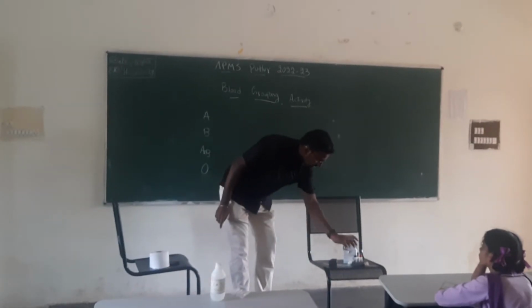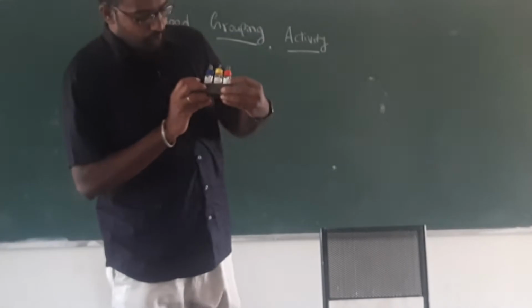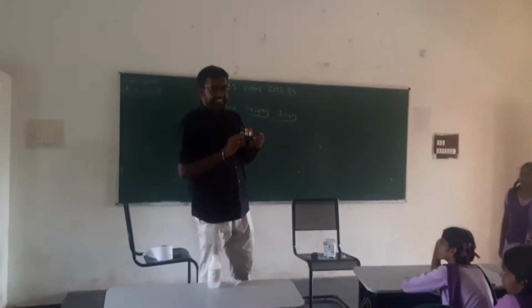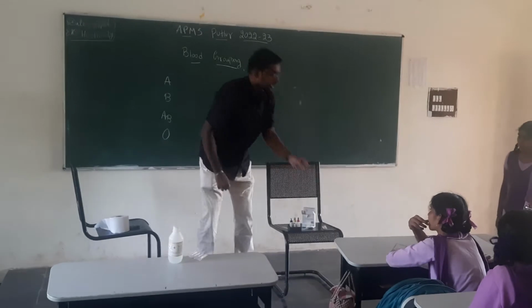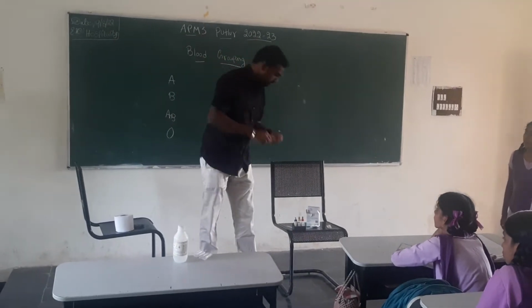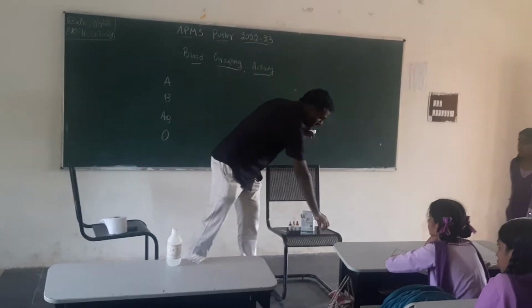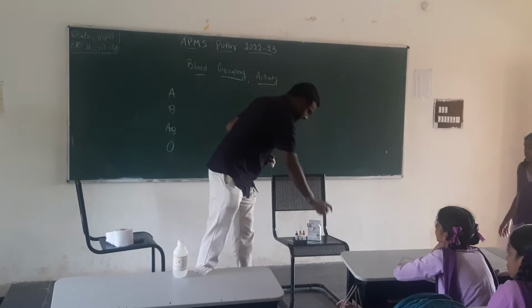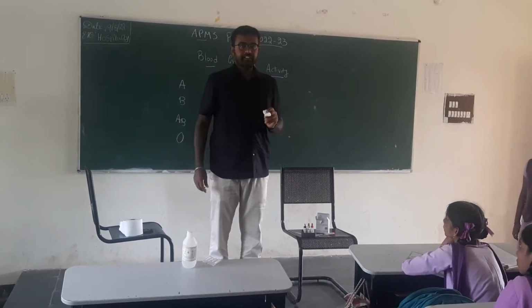Then anti-sera: this blue one is anti-A sera, the yellow one is anti-B sera, and this white one is anti-D sera. And slides to take the blood sample, cotton to clean the finger, and toothpicks to mix the blood sample. So now let us do this activity.